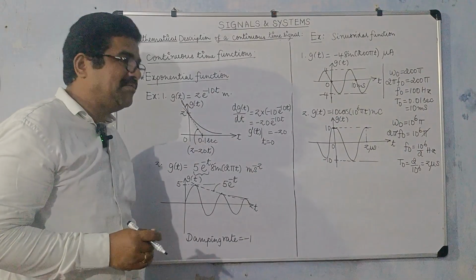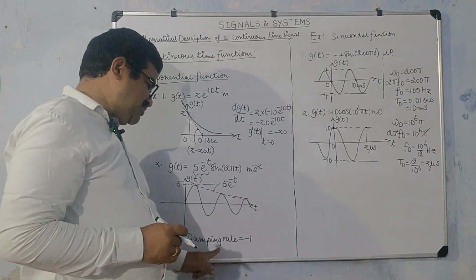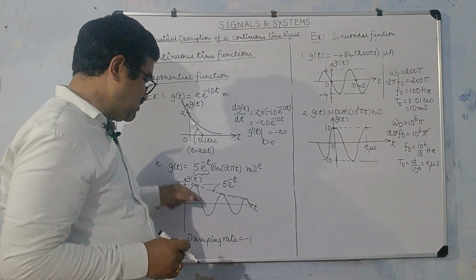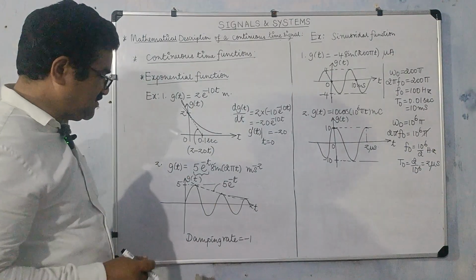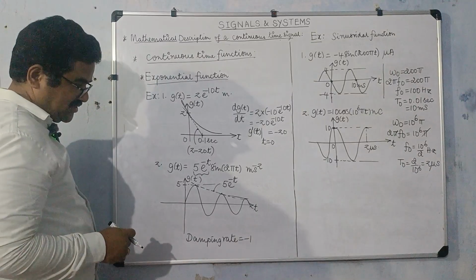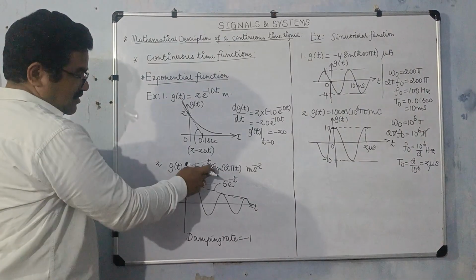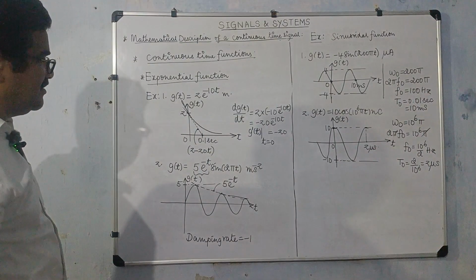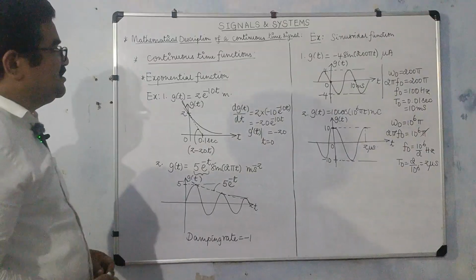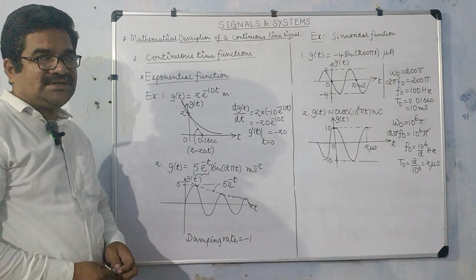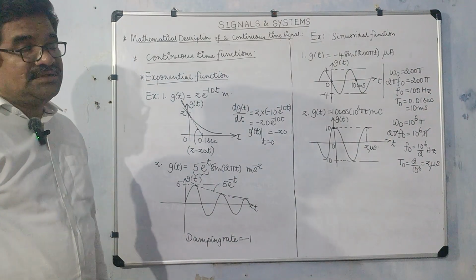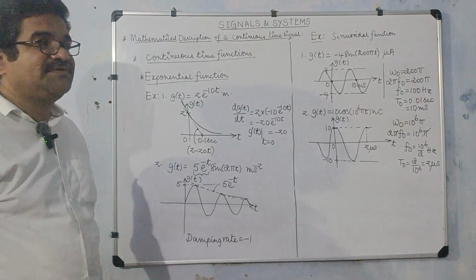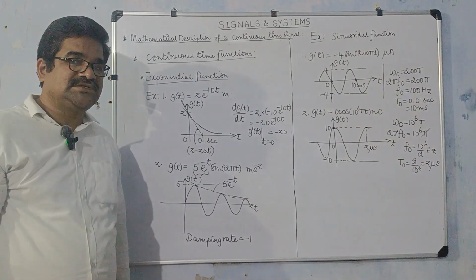Sigma naught is called the damping rate. What is my sigma naught here? It is minus 1. The amplitude of the sinusoidal is decreasing exponentially. It is a product of exponential as well as sinusoidal functions. So these are the two important continuous time functions which are used for analysis of signals and systems.